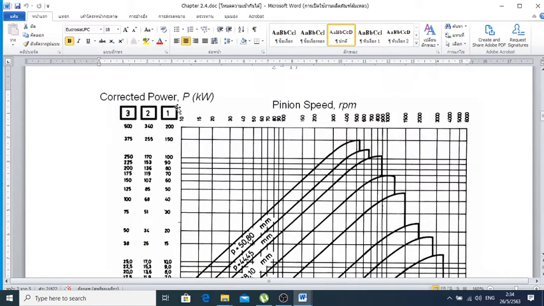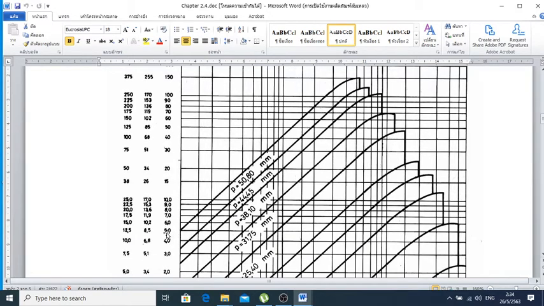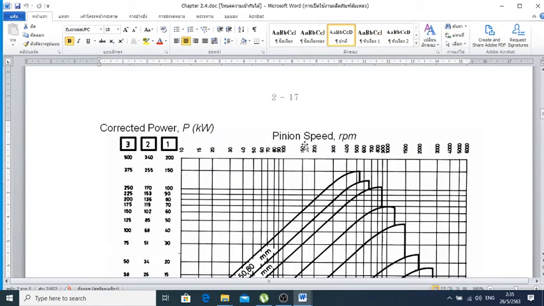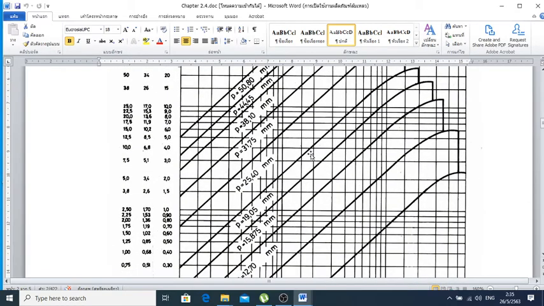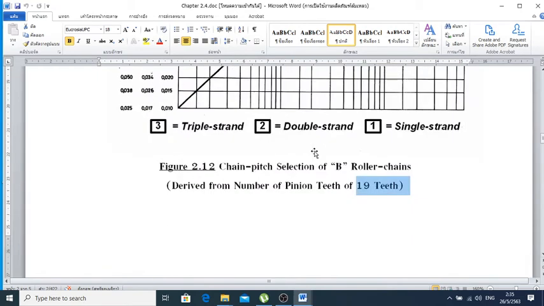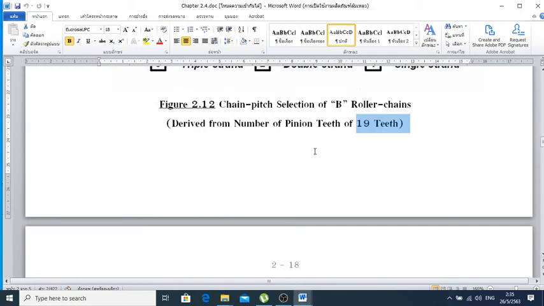So for instance, if you have 8 kilowatts, you just make a line through that, and then you find the corresponding pinion speed. It's going to intersect whatever you want. So if you come too close to the normal curve in the graph here, you make a selection of it anyway. This is what you're going to go for in the design.